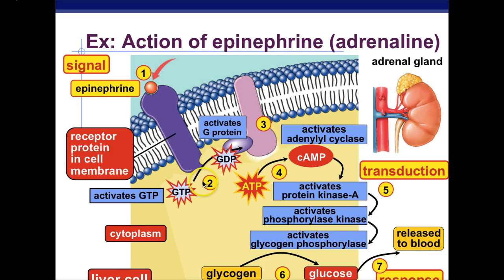So that's a response. So the signaling molecule is epinephrine, received on the surface of the cell because it's a protein-based hormone. This reception of the signal is going to activate a signal transduction pathway, which is just simply the activation of multiple proteins and enzymes within the cell, which eventually leads to our response, which is going to be the digestion of glycogen into glucose and the glucose released into the blood.